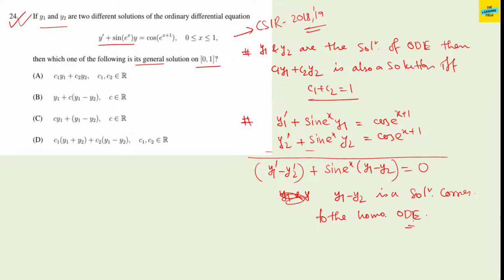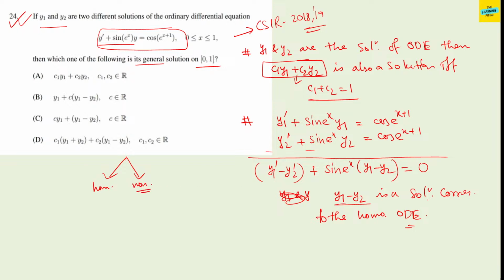That means c1 y1 plus c2 y2 with c1 plus c2 equal to 1 is a solution, and y1 minus y2 is again a solution. And we all know that for a non-homogeneous equation, we get two parts of the solution: one comes from the homogeneous part and one from the non-homogeneous part.